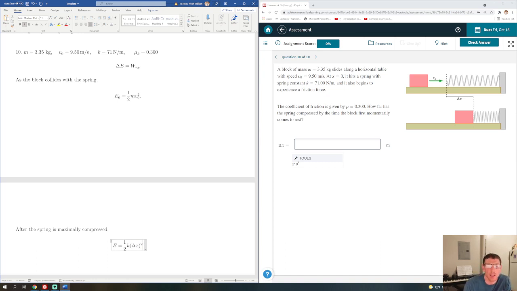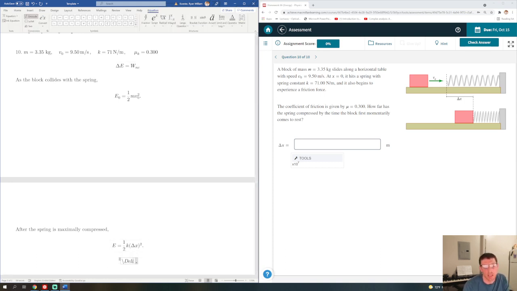Now the thing is, if we tried to just equate the two here, if we tried to write 1/2 m v naught squared equals 1/2 k delta x squared, we would get something that doesn't work because energy is being dissipated by friction. So we account for that with this, right?